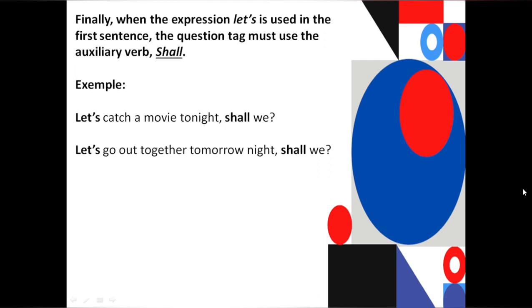When I use this expression let's, my tag question will always be shall. They are always together, let's and shall. Okay, so let's watch a movie, shall we? Let's make some brigadeiro, shall we? Okay, let's go out, shall we? They'll always be together. Okay, this is my tag question when I use let's.